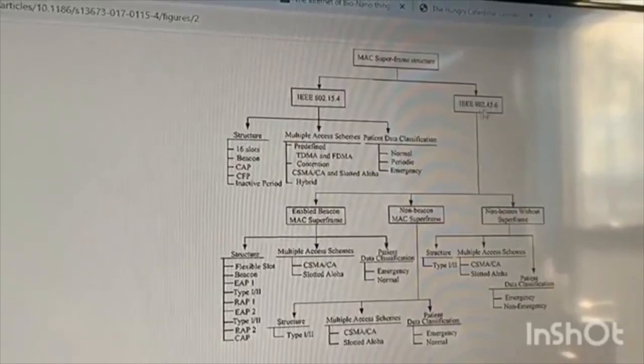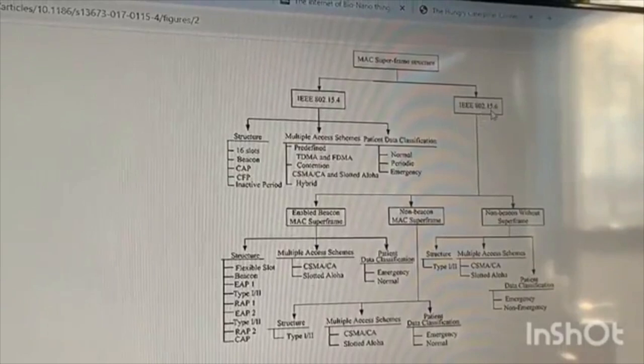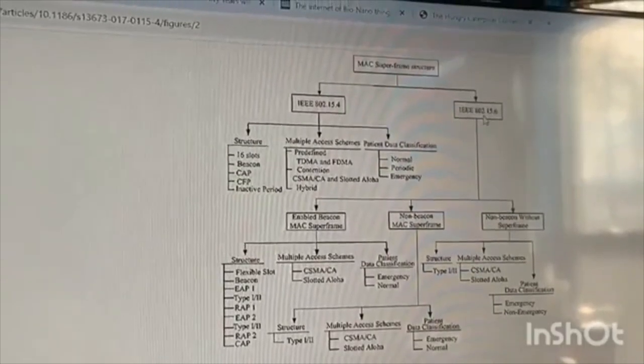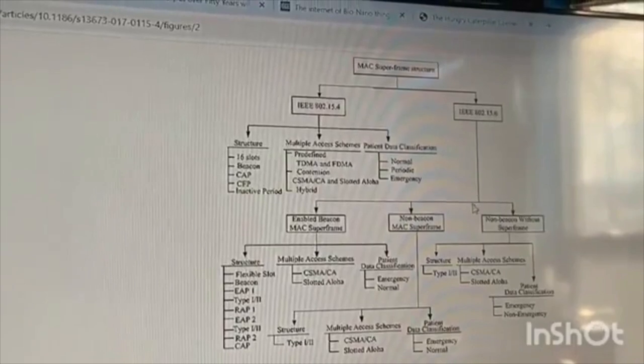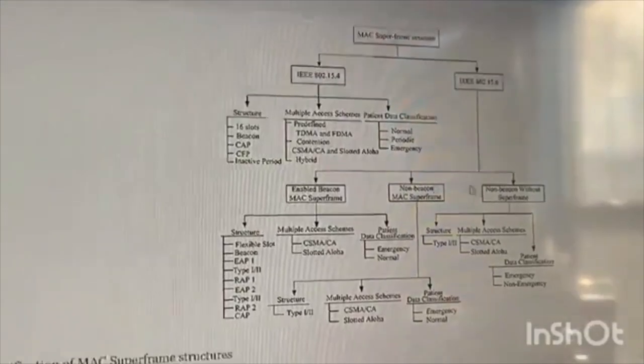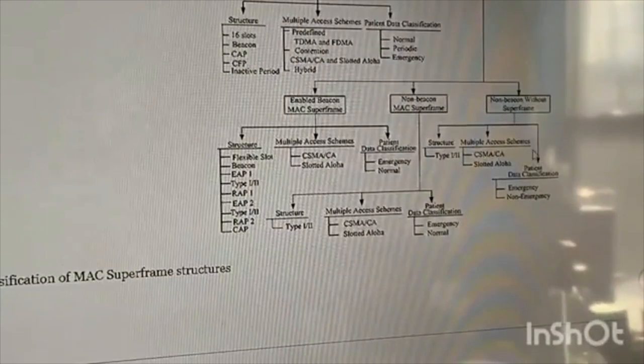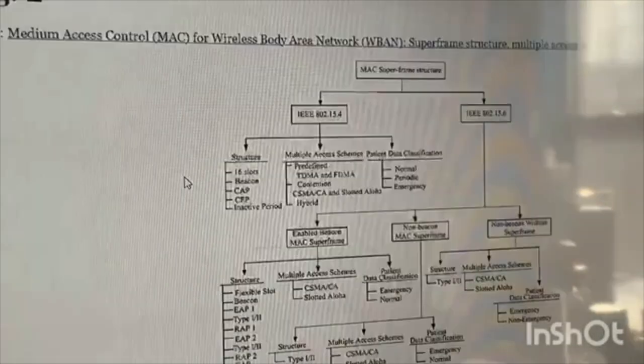Over here on the right, we have 802.15.6. That's the wireless body network as a whole. Then you follow that arrow down, and you still have different options, but there are more of them, as you can see. Patient data classification is listed here, here, and here. In other words, in all three.